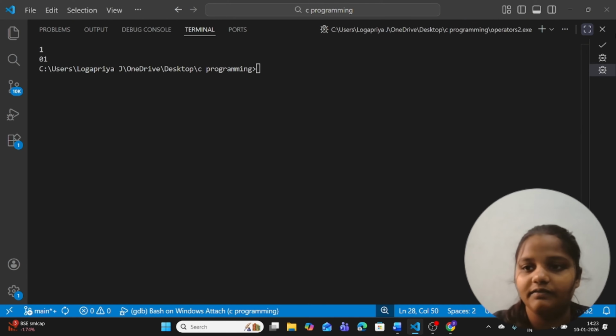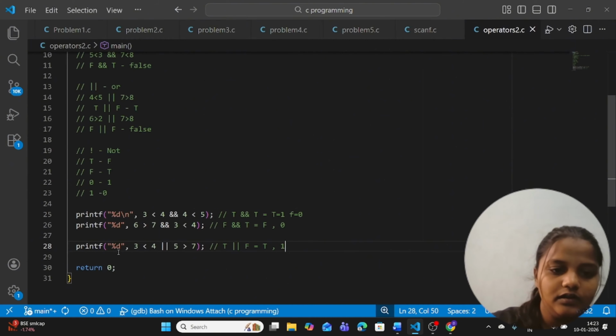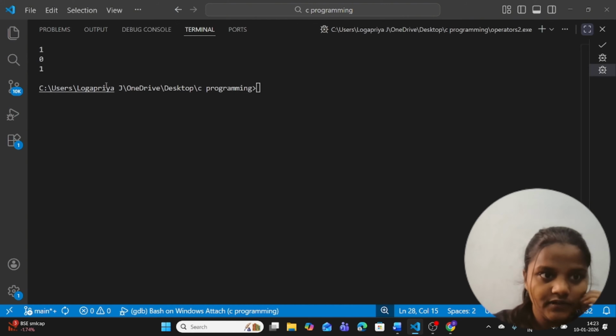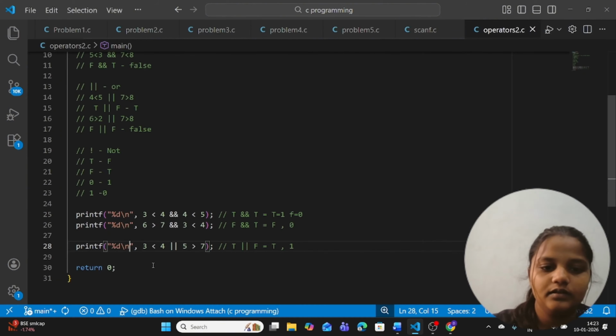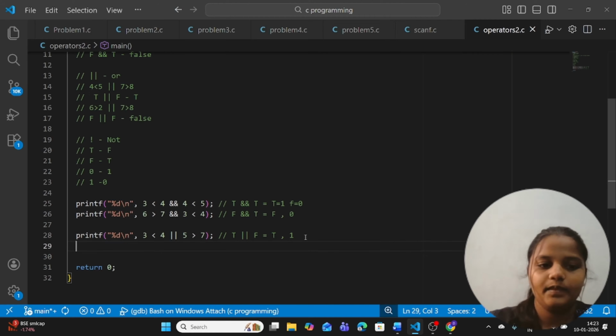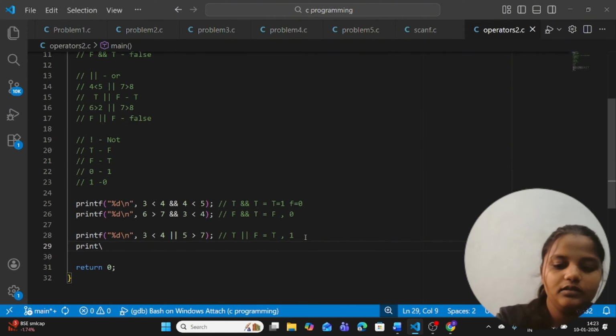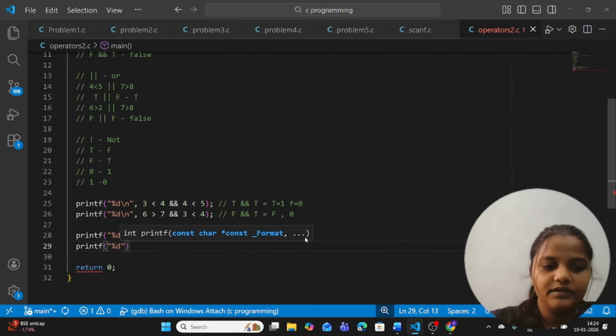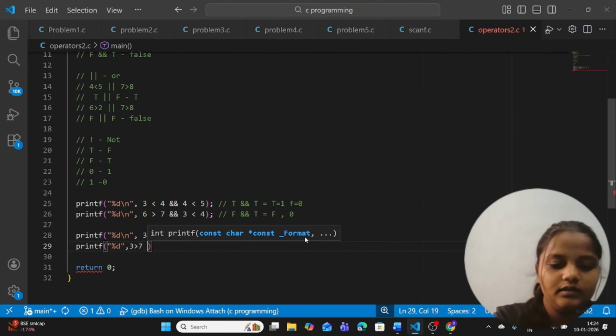See? So wait, we will use slash n. Okay, 1, 1, 1. So now we will use OR again. printf %d, 3 greater than 7 or 7 greater than 8.